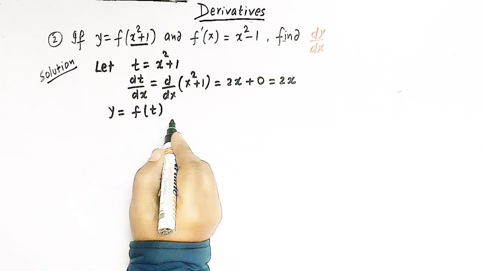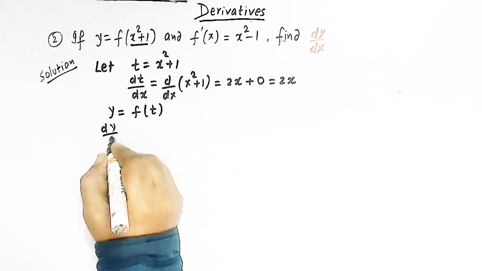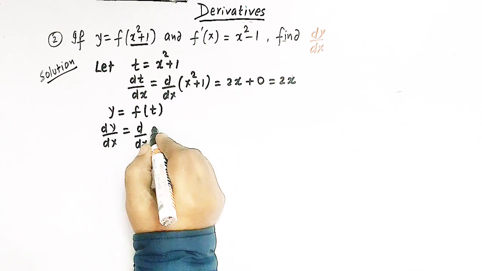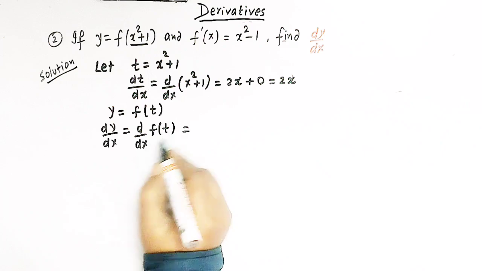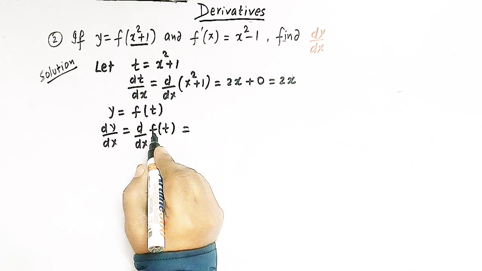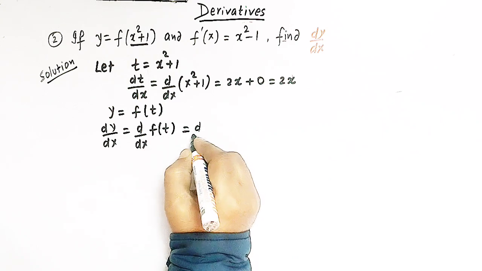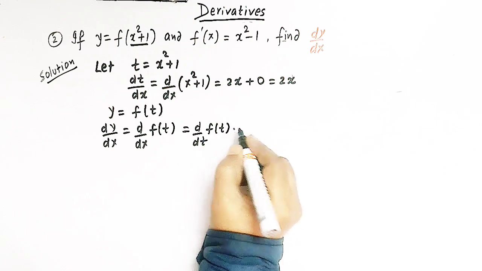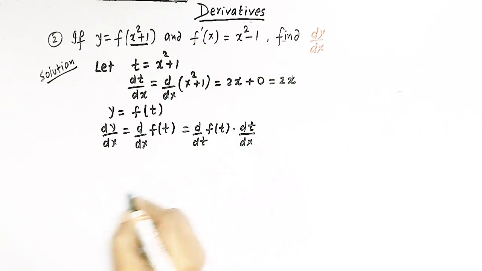Now let us differentiate both sides with respect to x. So we have dy over dx is equal to d by dx of f of t. Now again using chain rule, here we have f of t. So let us first differentiate f of t with respect to t. So we can now write d by dt of f of t, and then we have here dt over dx.